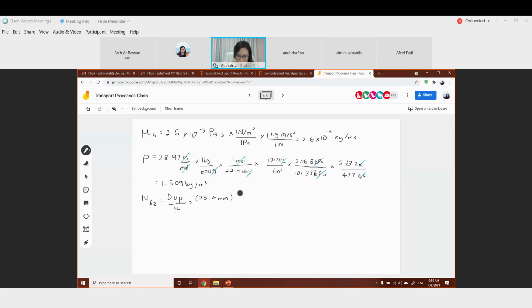Someone already converted from millimeter to meter just now, but I'll write it down again, so the other students can follow.